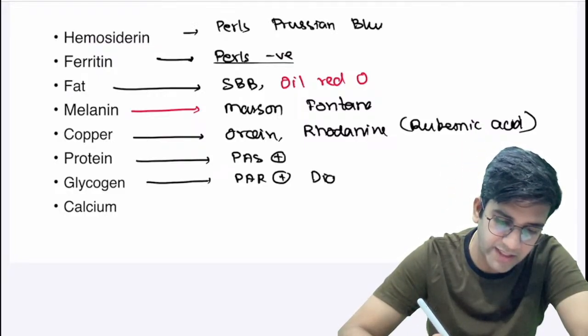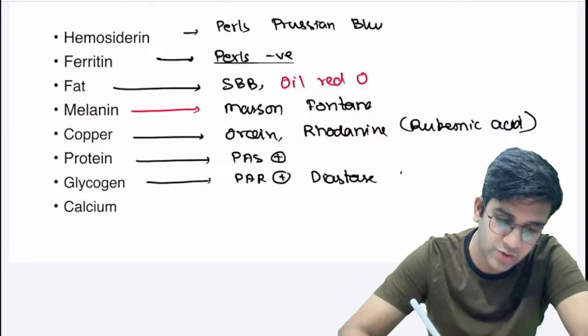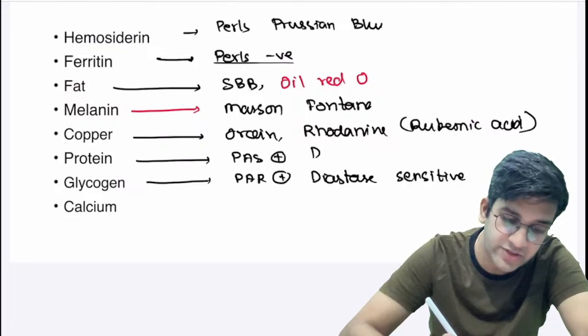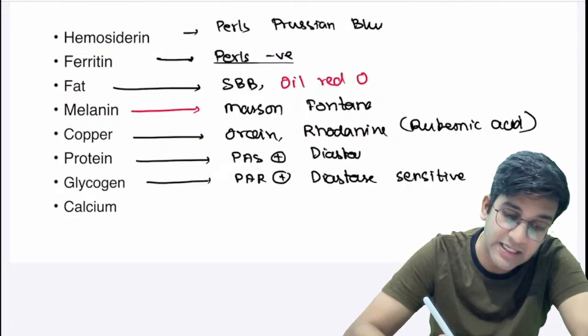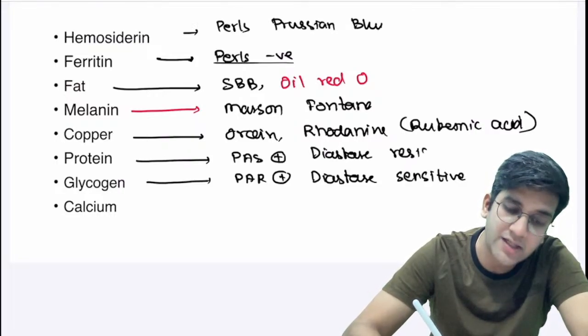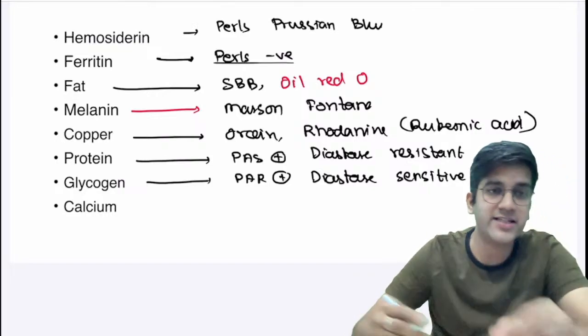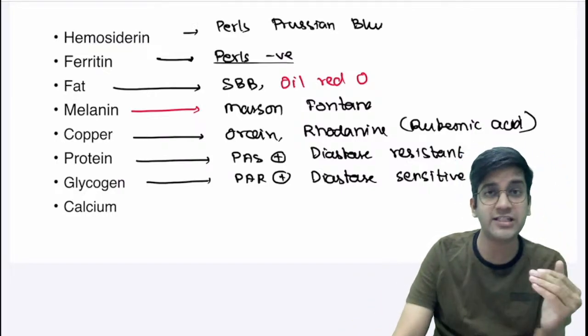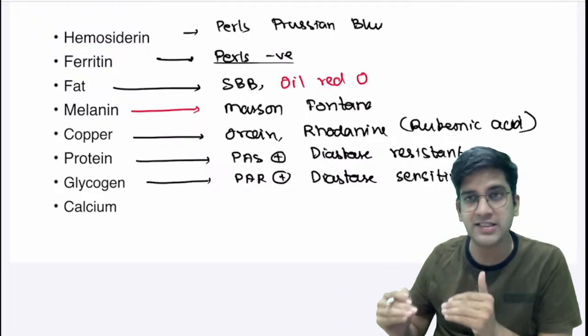Diastase is an enzyme which digests glycogen, and glycogen is diastase sensitive, right? Protein is diastase resistant, because like I said, diastase is a saccharidase. It can destroy glycogen, it cannot destroy protein, so protein is resistant to diastase digestion, and glycogen is sensitive to digestion.